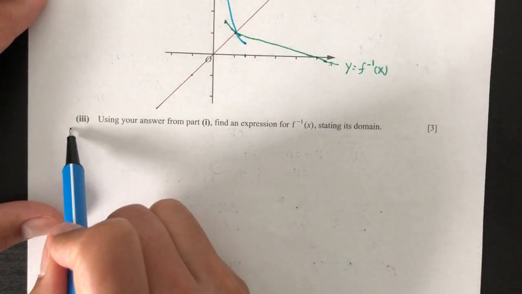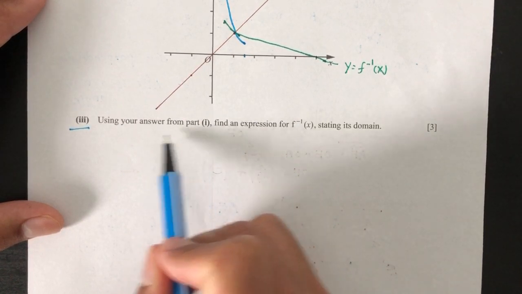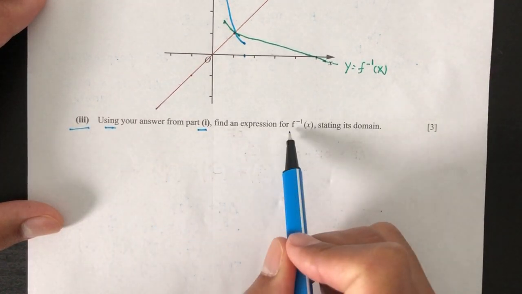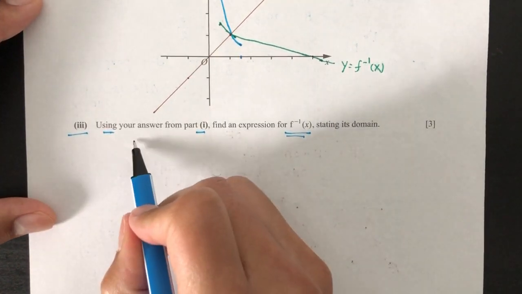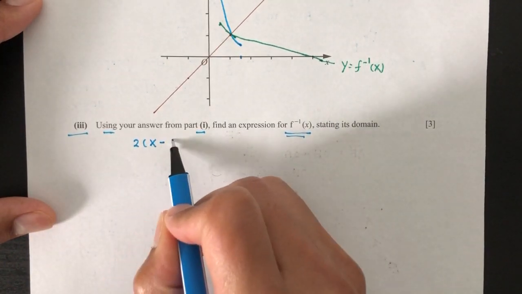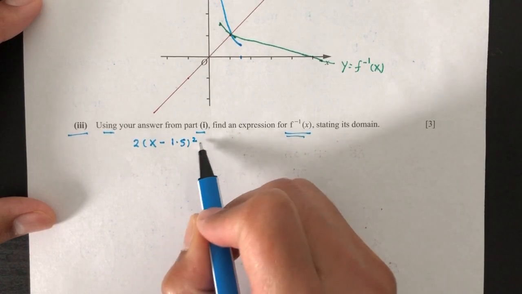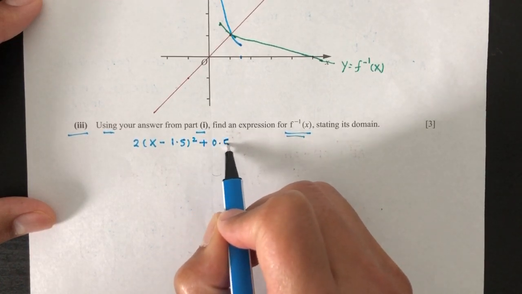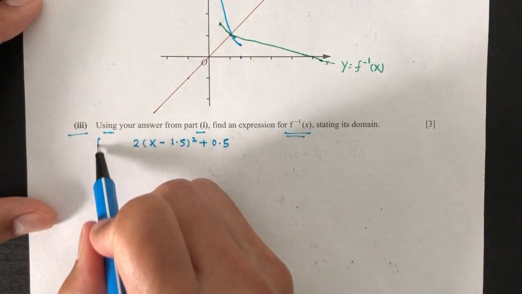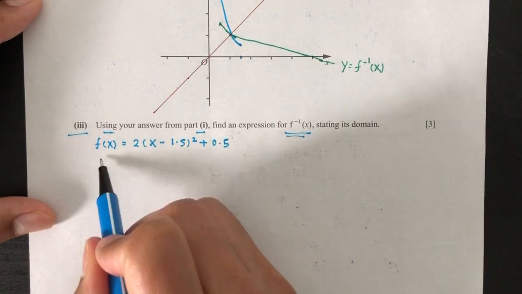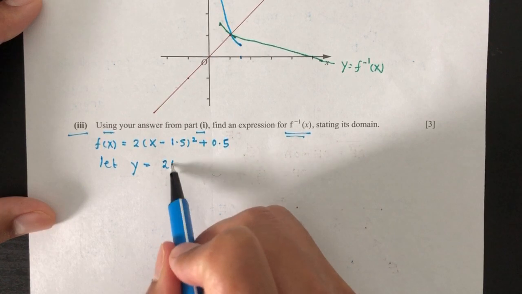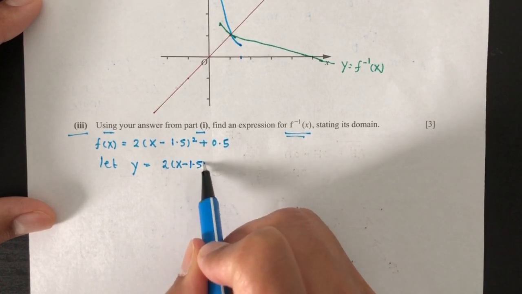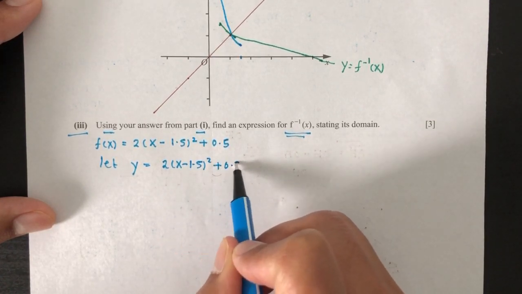Now for part 3, using your answer from part 1, find this expression. So pretty easy. From part 1 you have 2(x - 1.5)² + 0.5, right? This is f(x). So we have to let y equal f(x), which is 2(x - 1.5)² + 0.5.